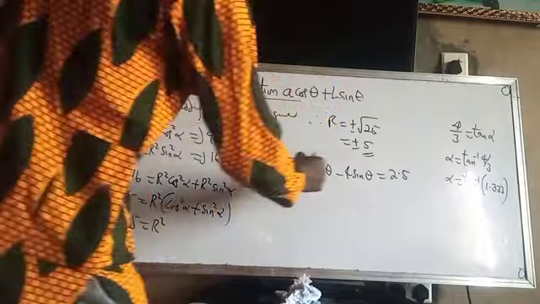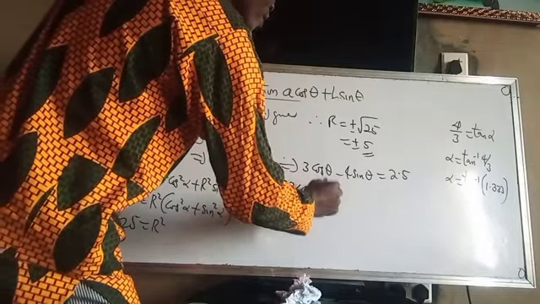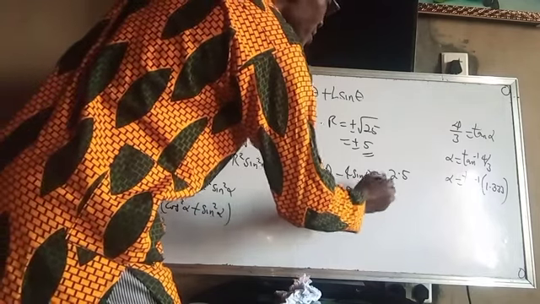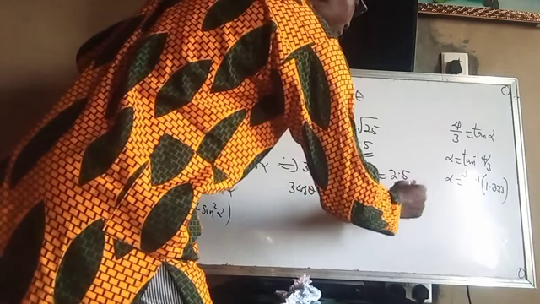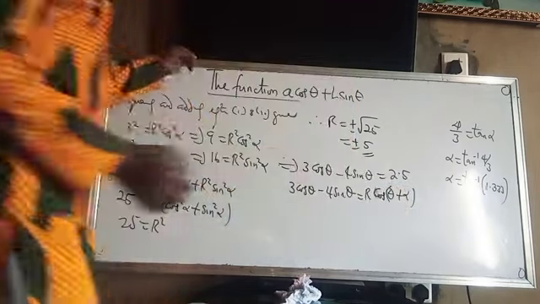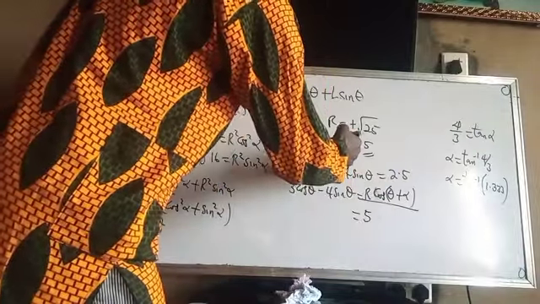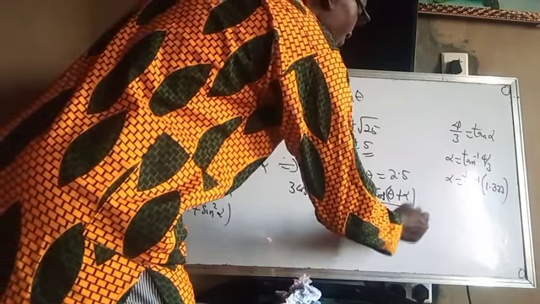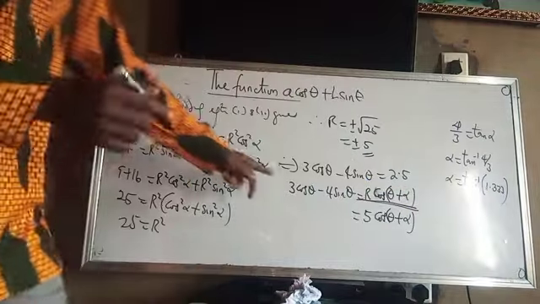When we said that 3 cos theta minus 4 sine theta should be equal to R cos theta plus alpha, that was our suggestion initially. And now our R is 5. We pick a positive value of R.